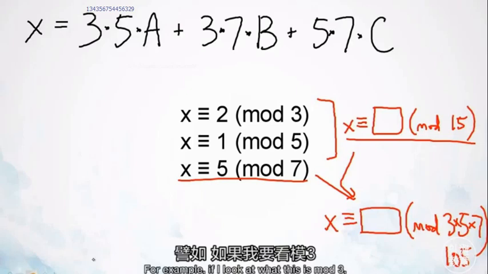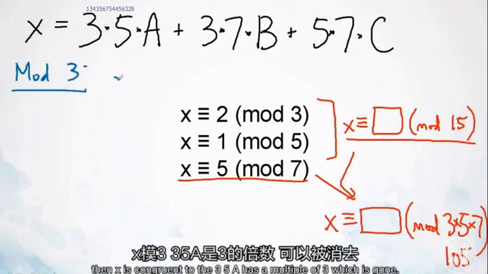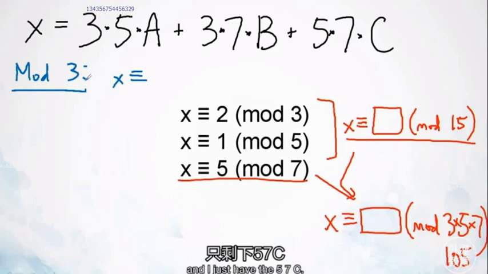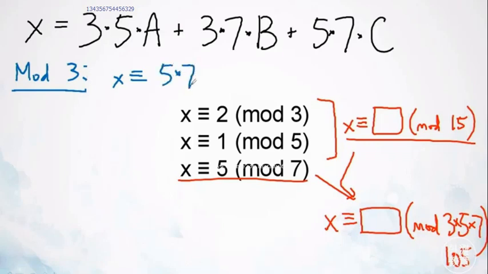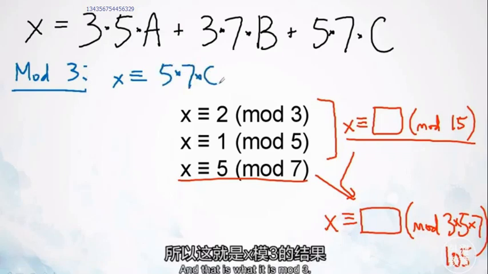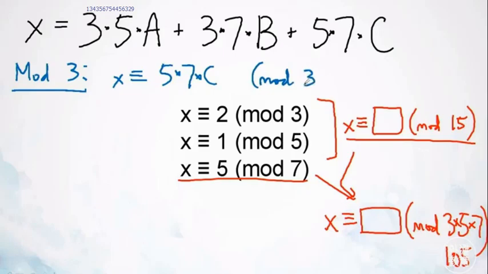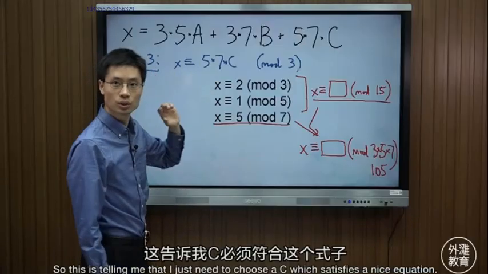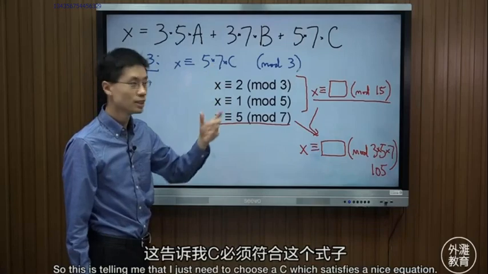For example, if I look at what it is mod 3, then x is congruent to the 3, 5a has a multiple of 3, it's gone. 3, 7b has a multiple of 3, it's also gone. And I just have the 5, 7c. And that is what it is, mod 3. So this is telling me that I just need to choose a c which satisfies a nice equation.